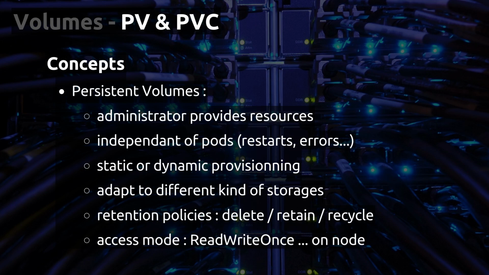He can adapt many things in the backend, and the user doesn't see anything about all things that the administrator manages inside the backend. For example, what happened when the pod is destroyed and you will lose or remove the persistent volume claim, for example. What happened? You don't want to take care about that.